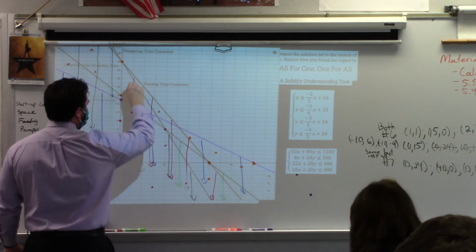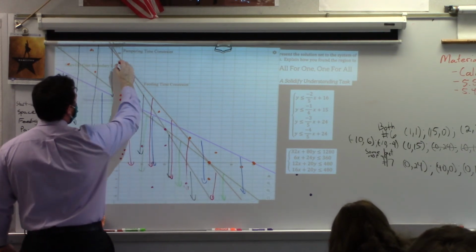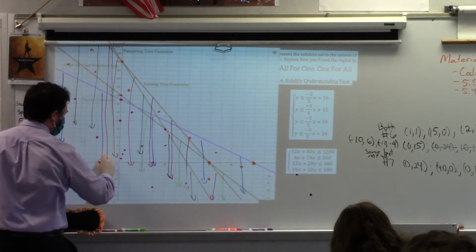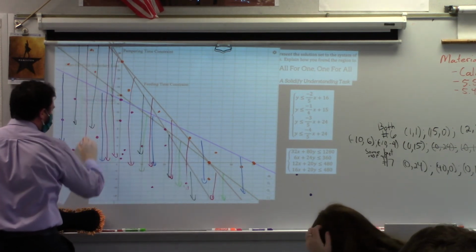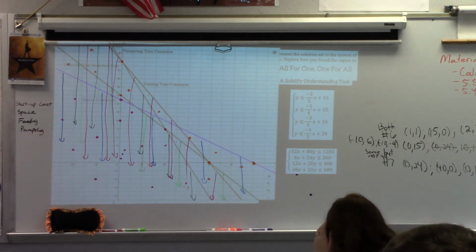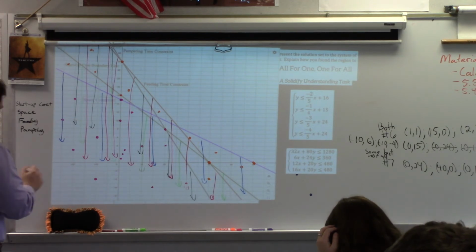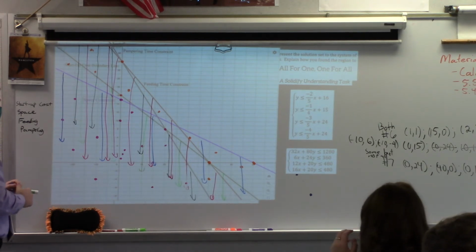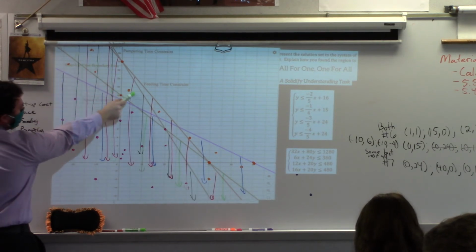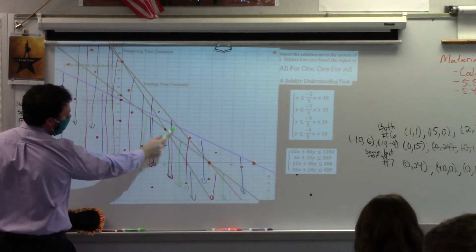So remember, we only want to shade the region that satisfies all the constraints. And by using colors, you can see it more easily. Where do we have all 4 constraints being satisfied? Where do we have all 4 colors? Are all 4 right here? What about up here? No. Here? No. Here?